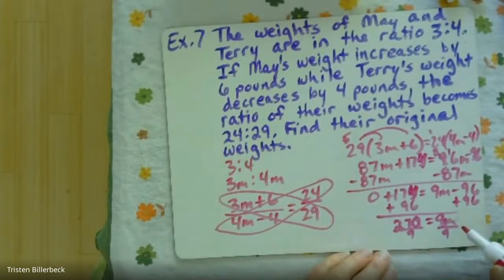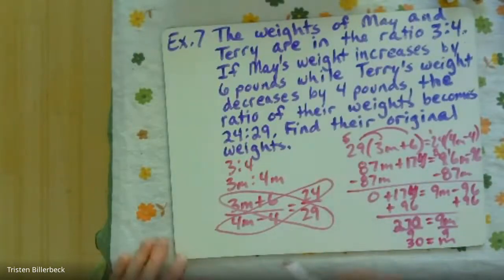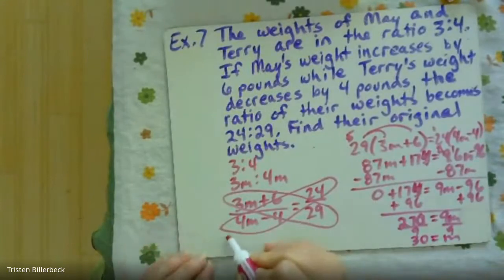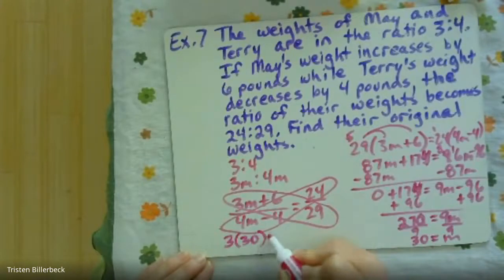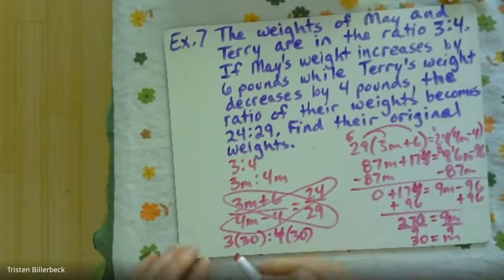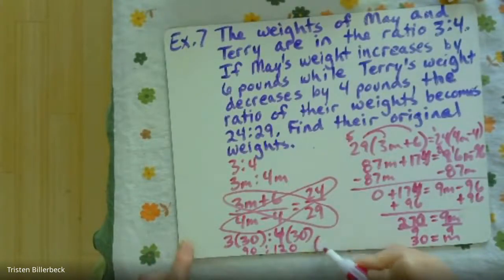Okay, so we divide by 9, and there's 3 9s in 27, and then 0 9s in 0, so 30 equals m. When we answer the question, we have 3 times 30, 4 times 30. So the original weight was 90 to 120, and this would be pounds.